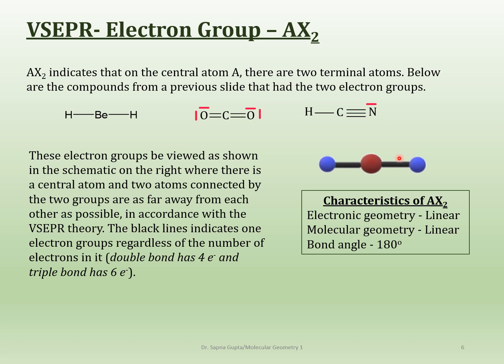These are the characteristics that we are going to keep looking at for any AX formula: what the electronic geometry is, what the molecular geometry is, and what the bond angle is. Those three things are going to be important. Now, these two can be the same depending on whether there is any lone pair of electrons or not. So we'll see as we go on.